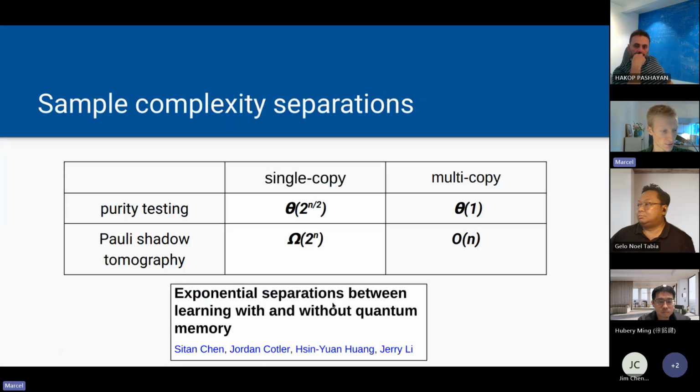If you know this field, then you know that Sitan Chen and his group in particular are the masters of proving these bounds. They have endlessly developed the techniques, and originally, before I even reached out to Jonas, I tried proving a bound in our case from the techniques in this paper, and it was not possible.